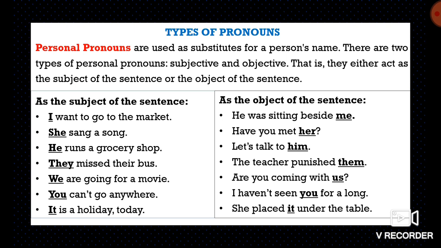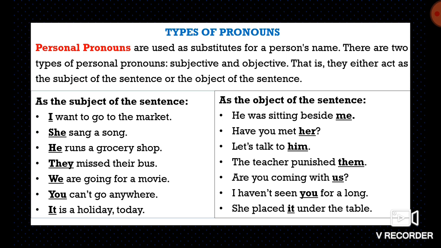Fifth, we are going for a movie. Sixth, you can't go anywhere. And the last sentence is, it is a holiday today. Here, I, she, he, they, we, you, and it, all these pronouns are working as subject of the sentence.